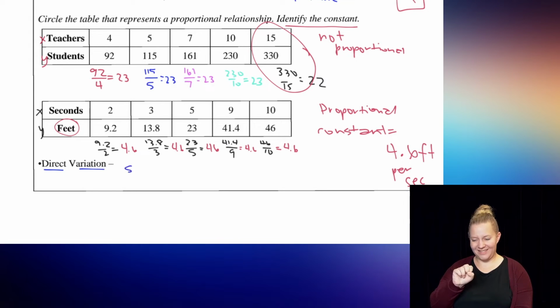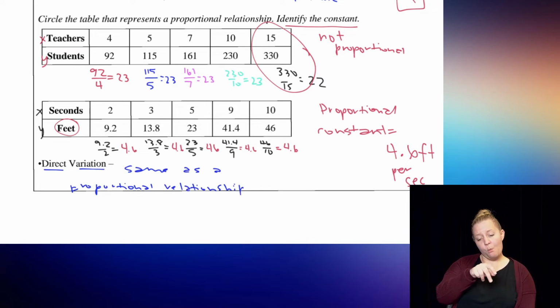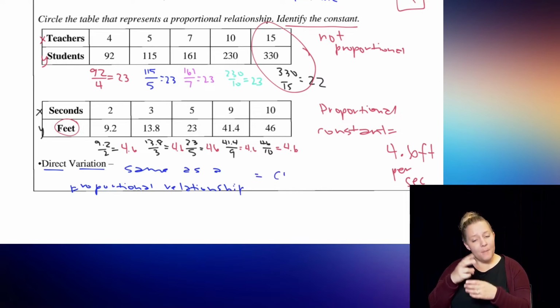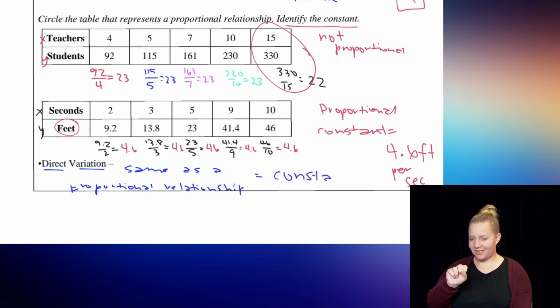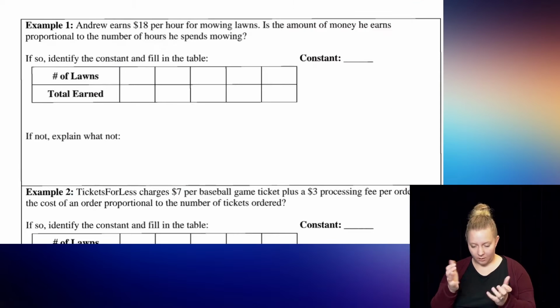So we're going to write this as the same as a proportional relationship, because I just want you to be aware that you may see it as a proportional relationship. You may see it as direct variation, but either way, it has to have a constant. So there's that constant whenever we take Y divided by X. All right, let's turn our notes over.